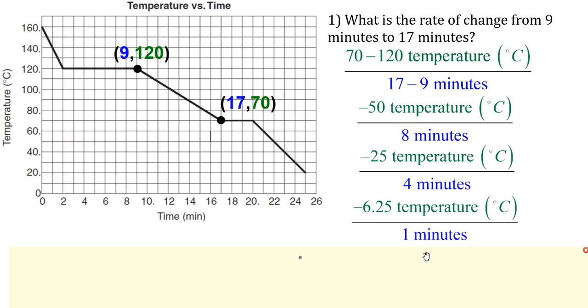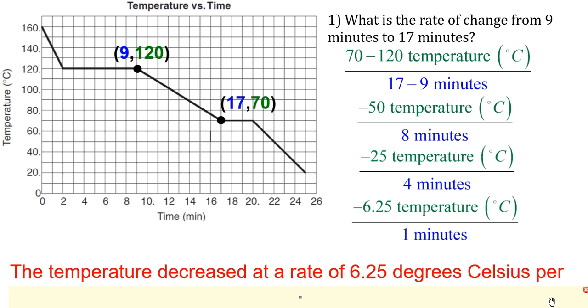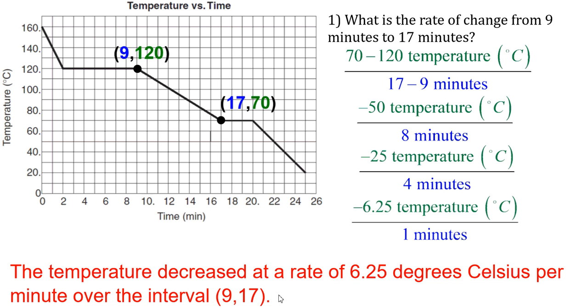But again, to the 1 unit, that would be a loss of 6.25 degrees Celsius over the interval from 9 to 17. So as you're writing your final summary, that's what we want to incorporate. The temperature decreased at a rate of 6.25 degrees Celsius per minute over that interval from 9 to 17.